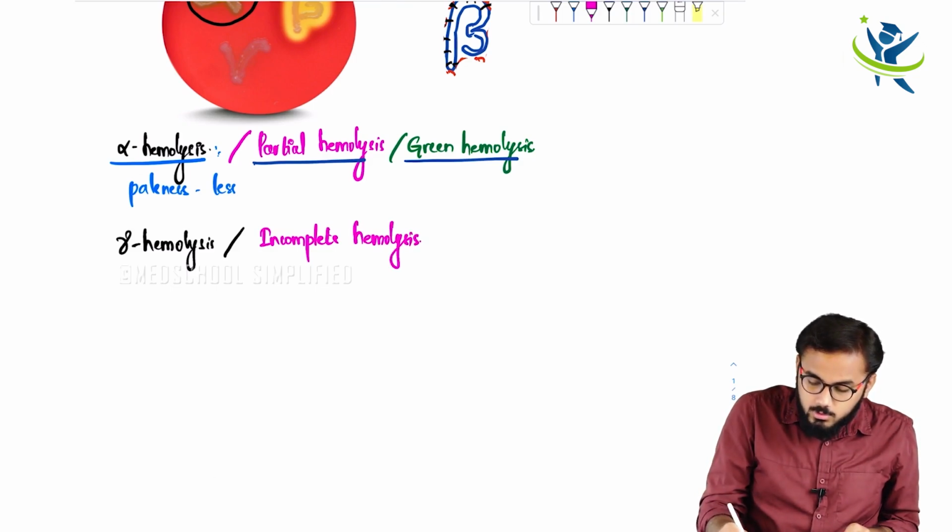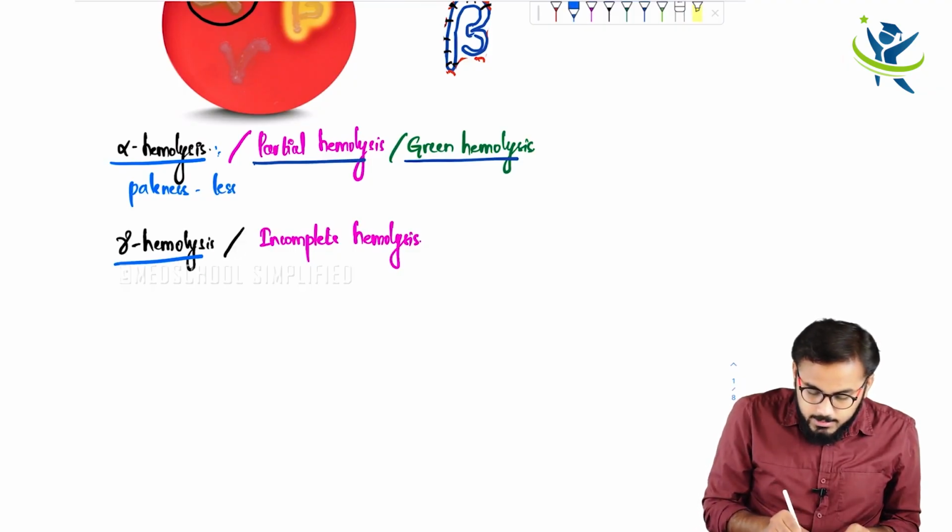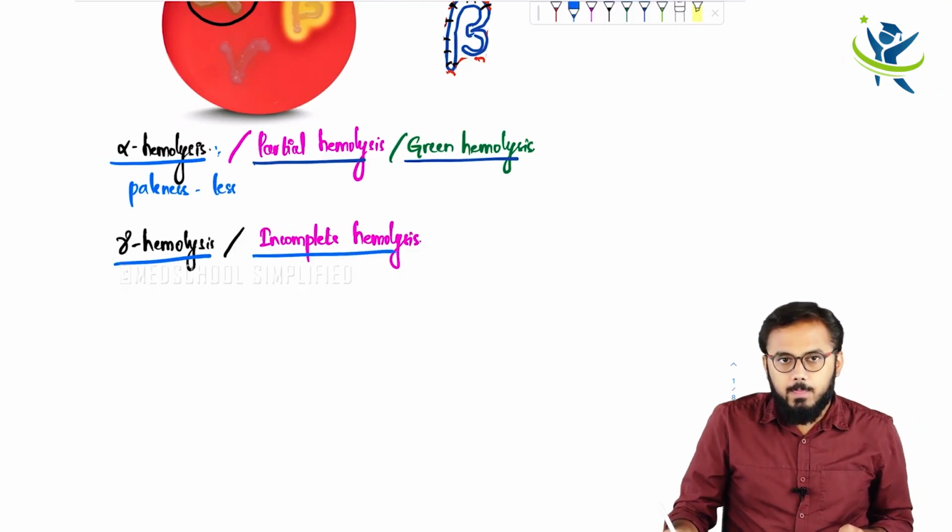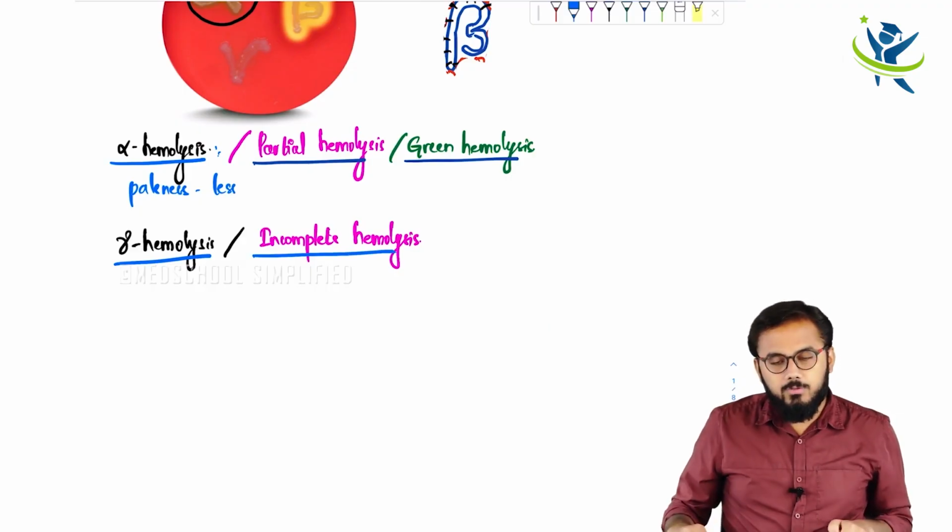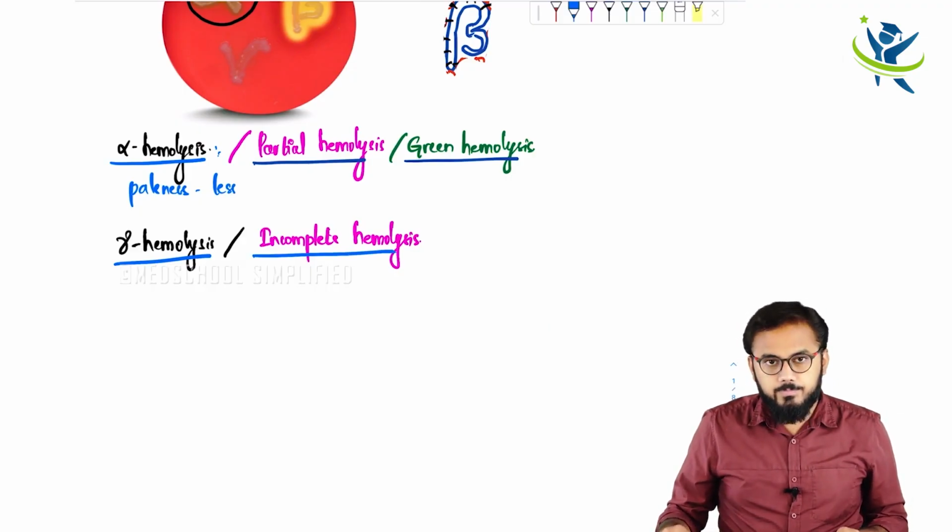Gamma hemolysis is also called incomplete hemolysis because there is no breakdown of any RBC.